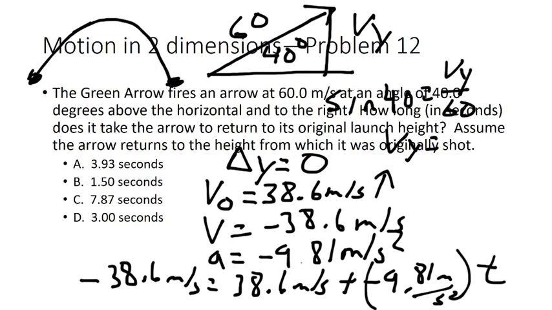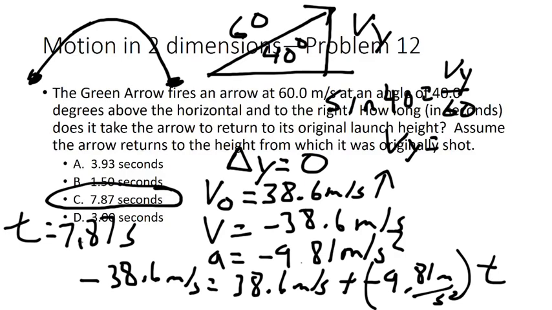And we want to solve that out for t. And when we do, t is going to end up being 7.87 seconds. So on problem number 12, the correct answer is C, 7.87 seconds.